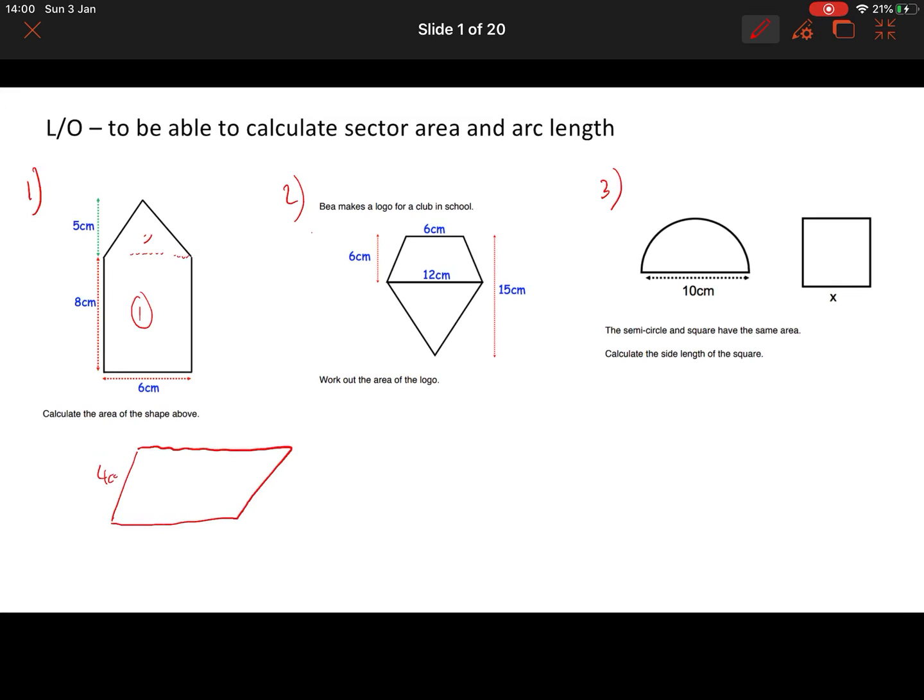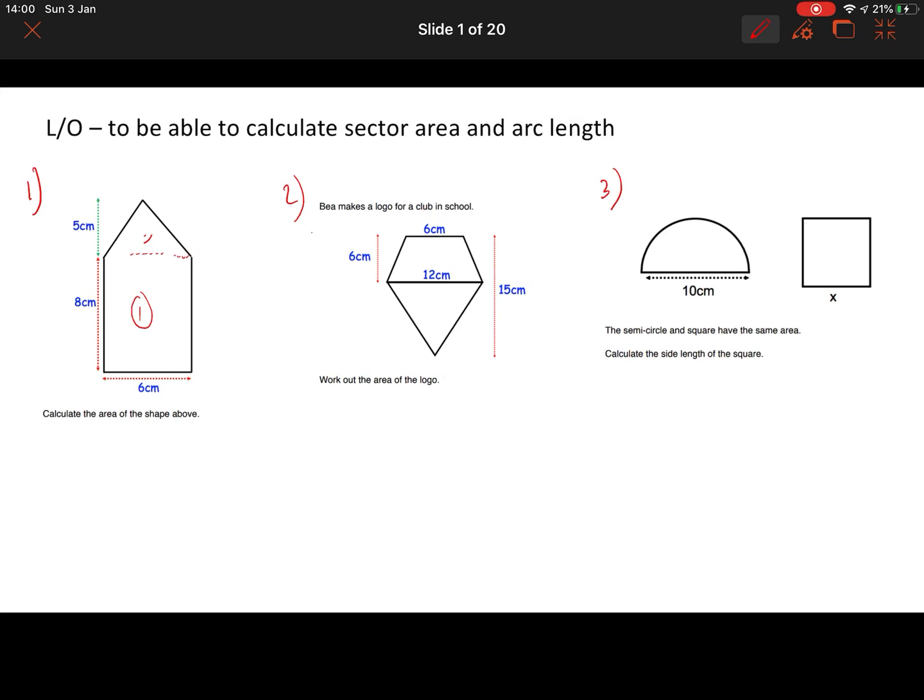If this is 4 centimetres, this is 8 centimetres, and the perpendicular height is 5 centimetres, well, the area of a parallelogram is base times height. Perpendicular height, not slanty height. So that'll be 40 centimetres squared. Okay, so basic stuff I expect you to already know.